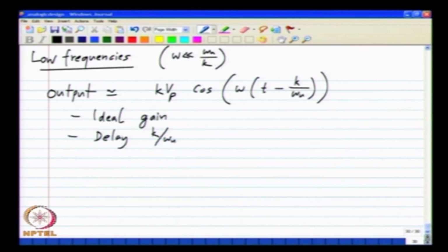Okay. And also the value of the gain is independent of the parameter of the integrator. See, it depends only on k, which is the gain that you want to have in the amplifier. It is not dependent on what kind of integrator you use, as long as you stay sufficiently below omega u divided by k.